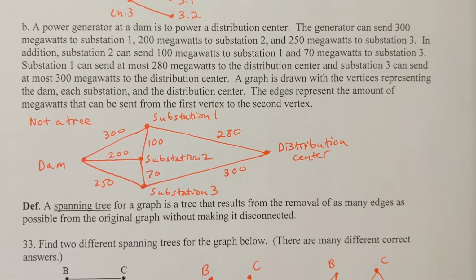Substation 1 can send at most 280 megawatts to the distribution center, and substation 3 can send at most 300 megawatts to the distribution center. A graph is drawn with the vertices representing the dam, each substation, and the distribution center. The edges represent the amount of megawatts that can be sent from the first vertex to the second vertex.